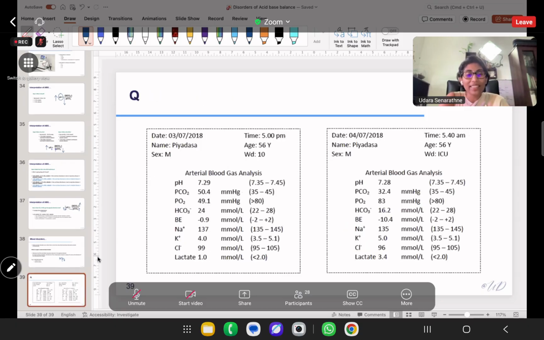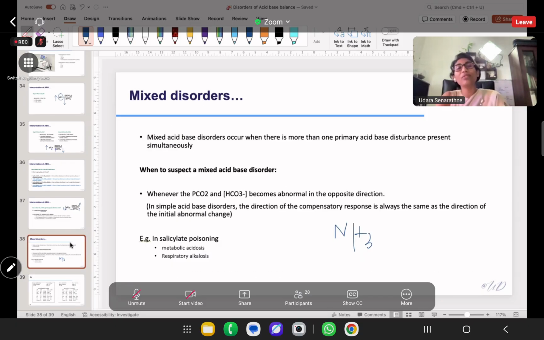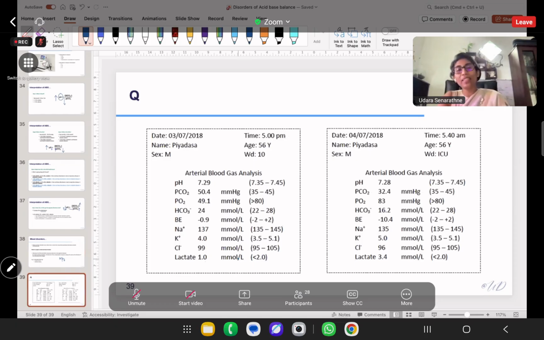Okay, so that is it for how you interpret ABG. So let's see whether you can interpret these two ABGs. First one, who would like to try? What is the pH that you see here? In the first question, can you interpret the pH?